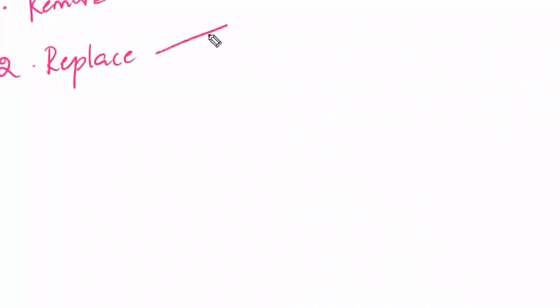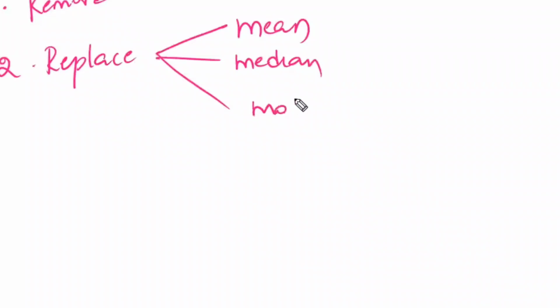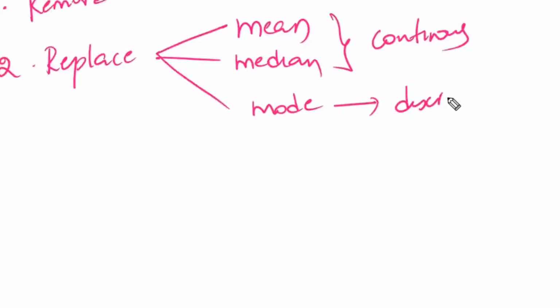In the replacement, we are either going to replace with mean value or median value or mode value. Mean and median will be used for continuous data and mode for discrete data. For remove, you are going to use dropna as the function. For replacement, you are going to use df.fillna as the function.